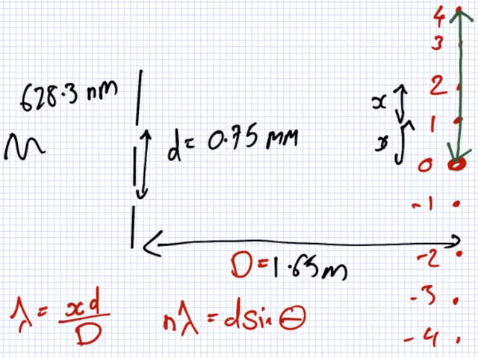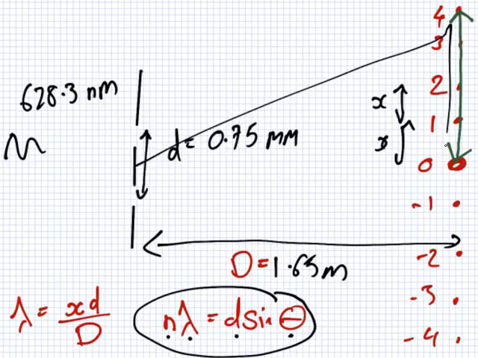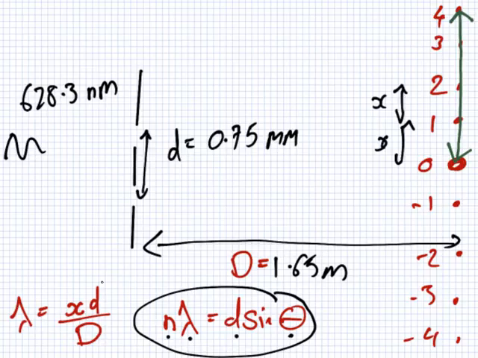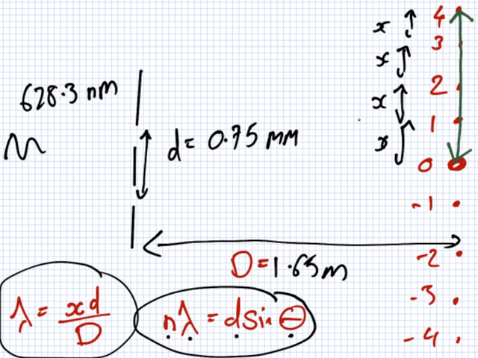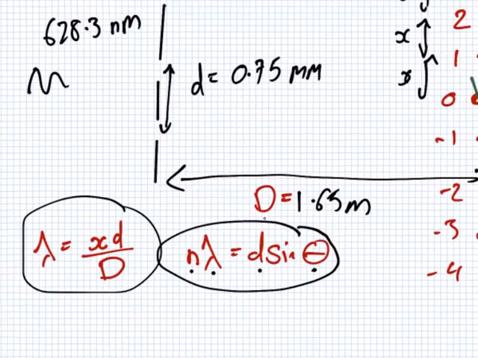So, if we use this formula, what do we make n equal to? 4. Do we know this? And do we know this? So this gives us the theta. So we could draw a triangle. We know this angle, and we know the ground, so we can know the height. But I think the first one is easier because the answer would just be 4 x's. So we'll just use that one.